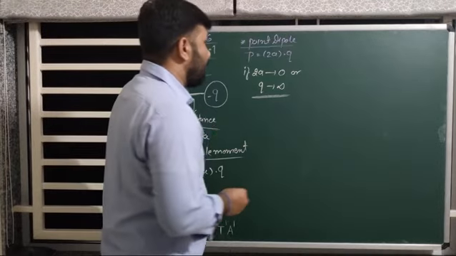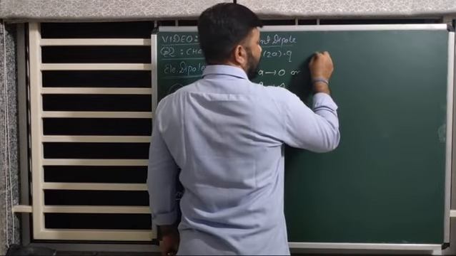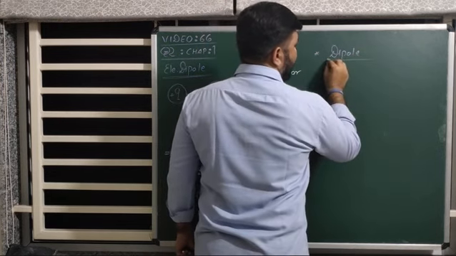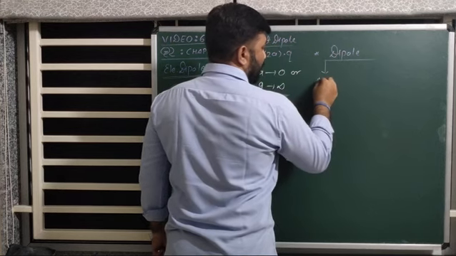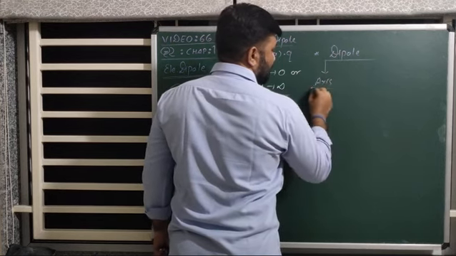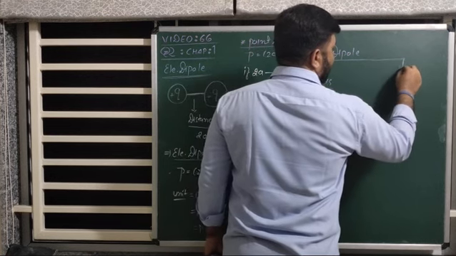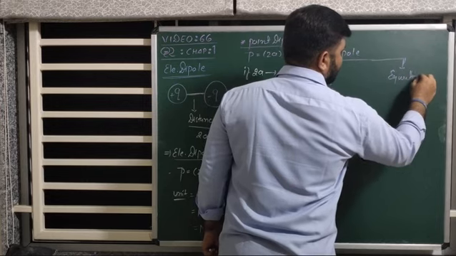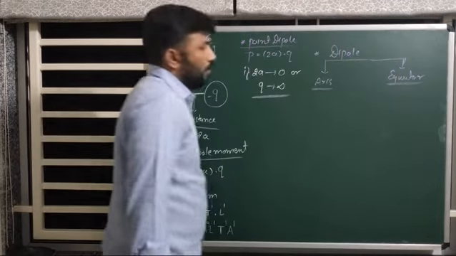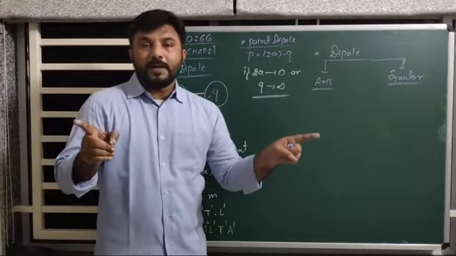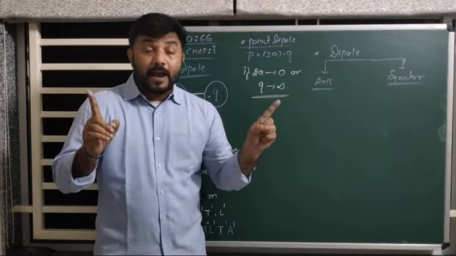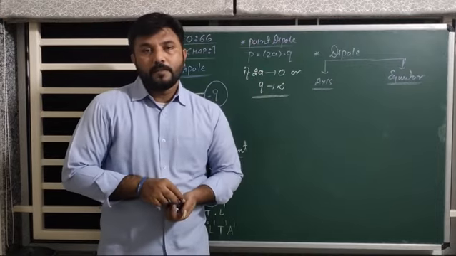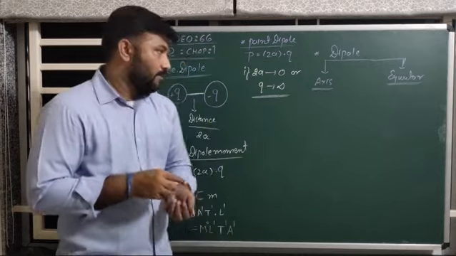Then after that, for a dipole we have seen two equations. The first one was for the axis and the second one was for the equator. What was the question for that? Obtain the equation of electric field at a point on the axis of a dipole. What was the equation?